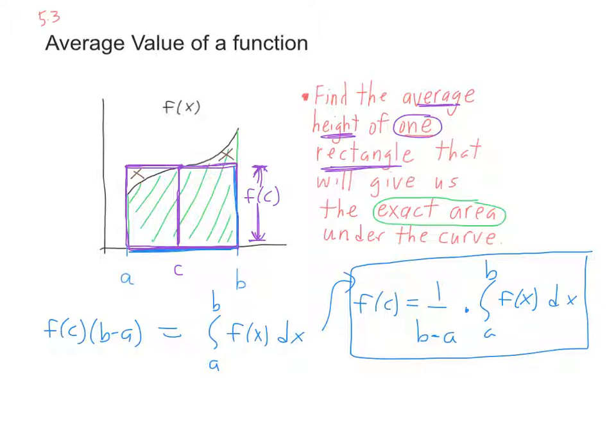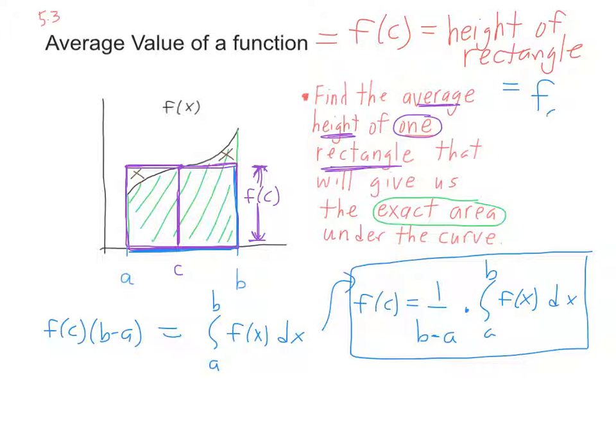Just a couple things to keep in mind about notation. By average value, we mean f of c in our formula. It equals the height of a rectangle. Sometimes you'll see f of c for the notation, but other times you'll see lowercase f and then sub AVE for average.